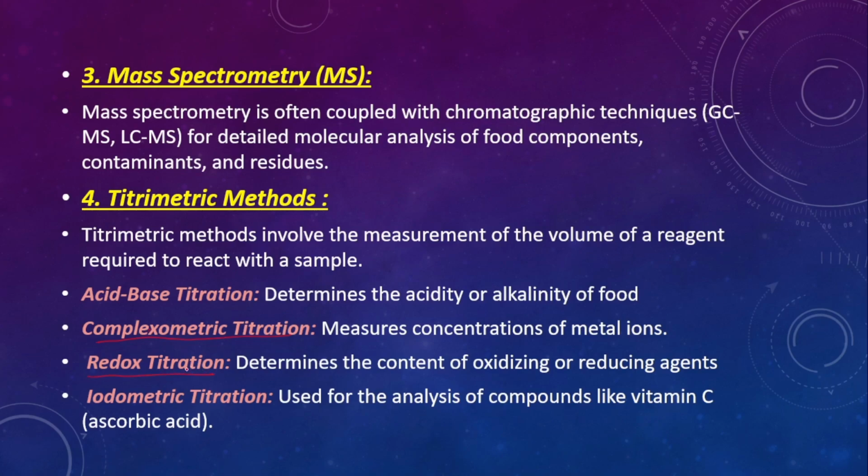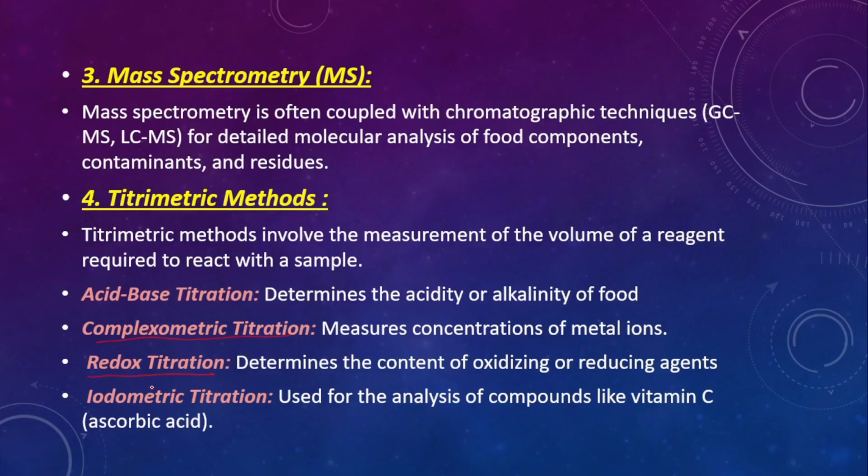Next is the redox titration. Redox titrations involve a reaction between an oxidizing agent and a reducing agent, where electrons are transferred between them. The end point is detected by a color change, often using an indicator or potentiometer. These titrations are used to determine the concentration of an unknown substance by using a known redox agent.